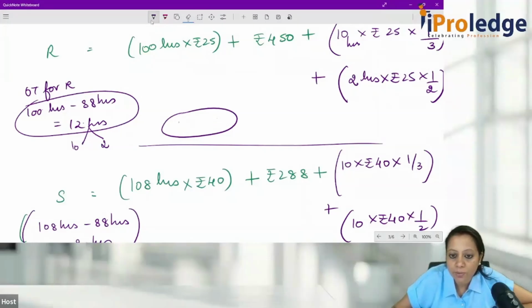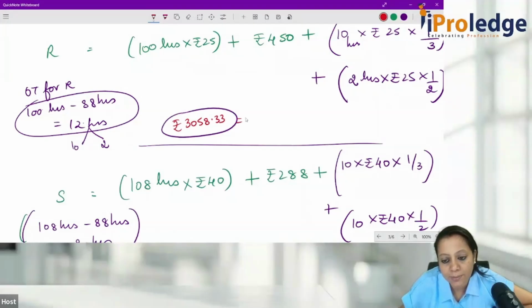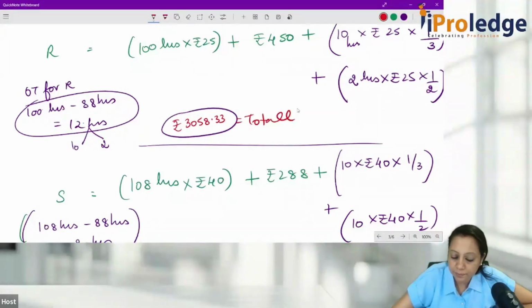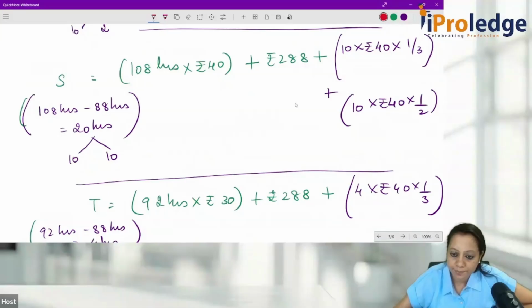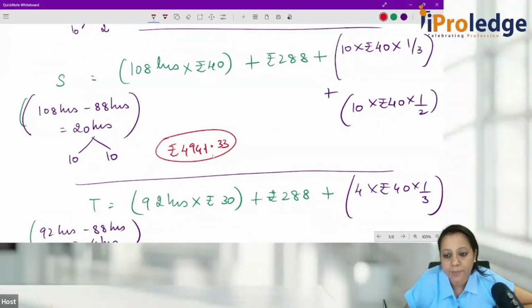Don't get confused thinking it is only overtime. 3058.33. This is the total. 4941. 0.33.